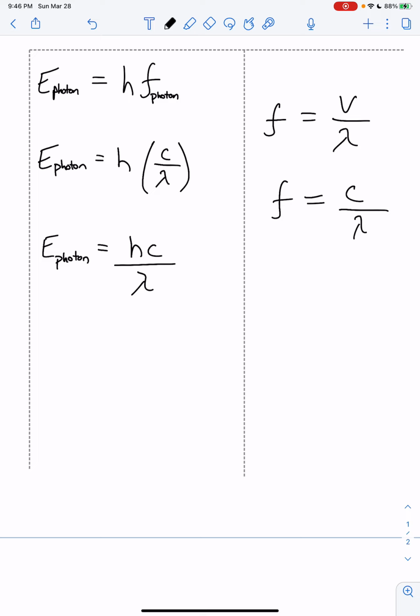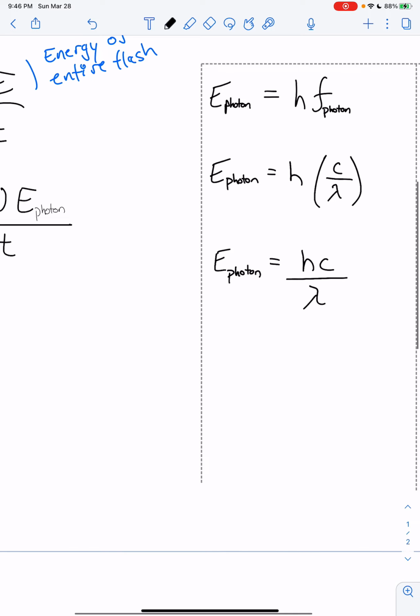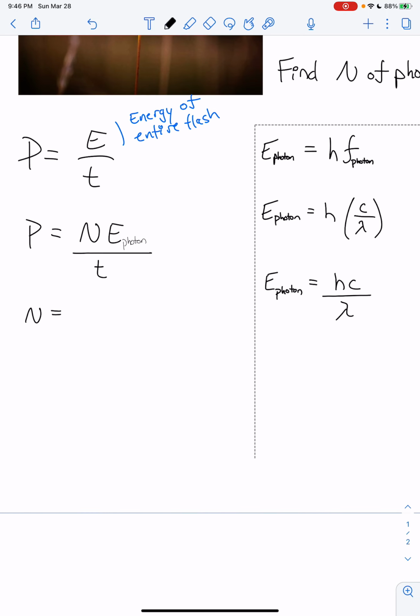Now let's bring this into our other equation here. So now we've got n. We've got to isolate for n. So we're going to have power times time divided by the energy of the photon, and so that's going to be P, T, and then we're going to have hc over lambda.